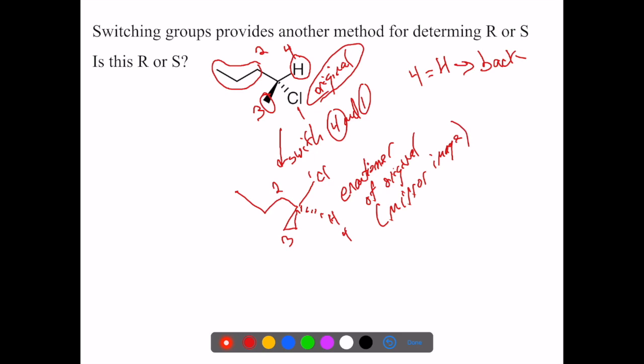Now in this structure here, 4 is back, so I can easily determine this is S. But that's not the original structure. That is the mirror image of the original. I've switched 2 of the 4 groups. So if I switch them back, that means the original was R.